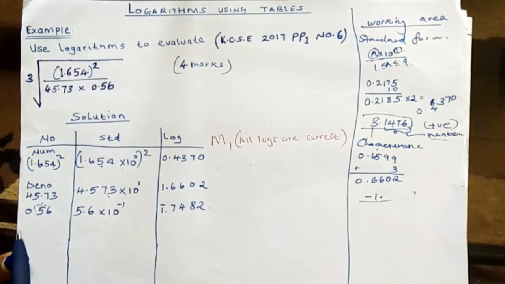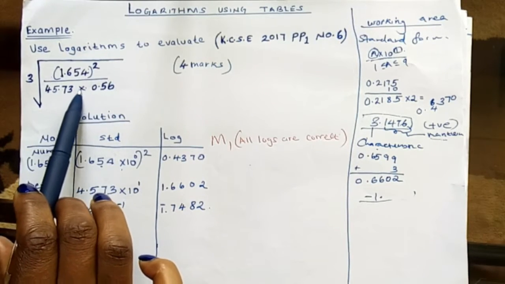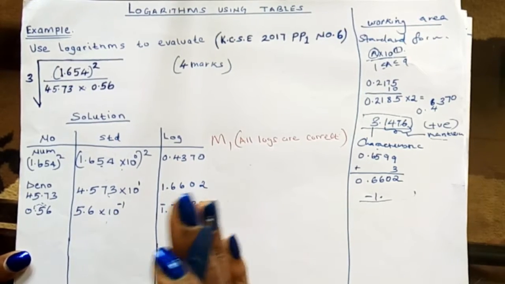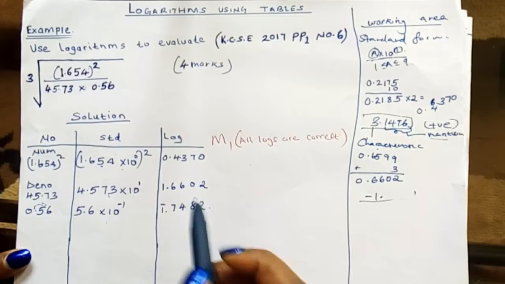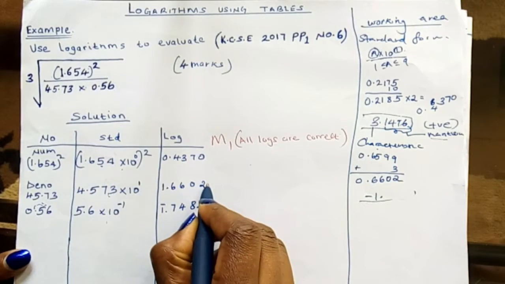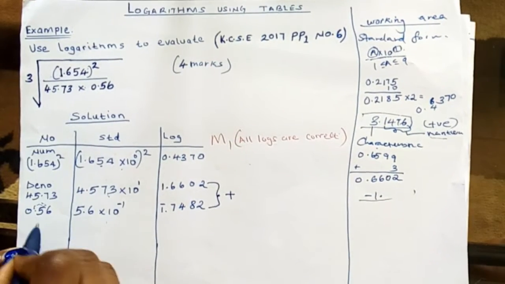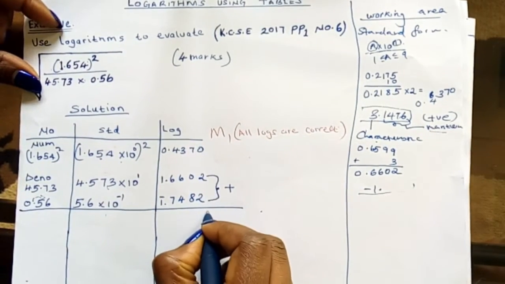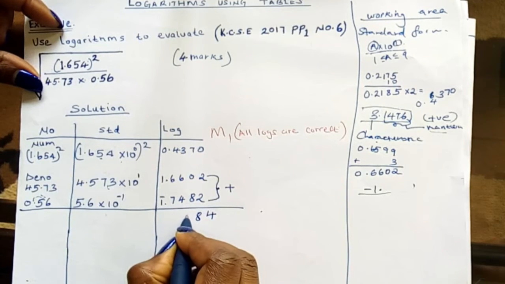The next step, because we are not done with the denominator, we are going to make sure that we add the logs, because multiplication means we add the logs. Now we are focusing on getting the second method mark. So where we have multiplication, we are going to add these two logs. When we add these two logs, what do we have? 2 plus 2 is 4, 0 plus 8 is 8, 6 plus 4 is 10.